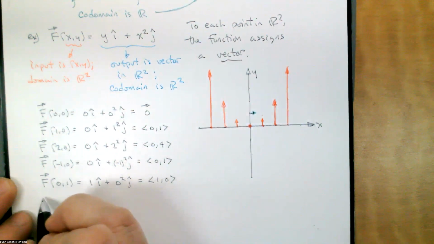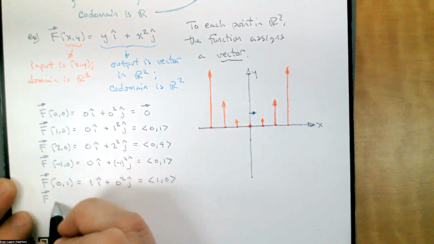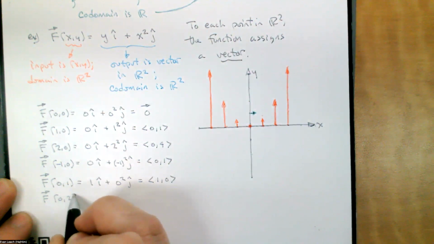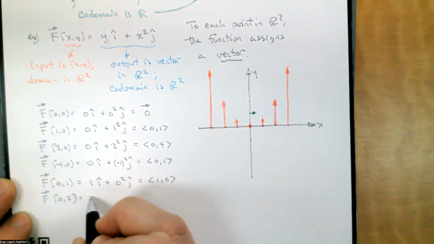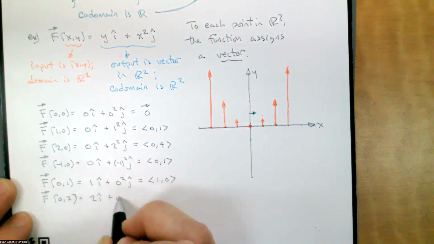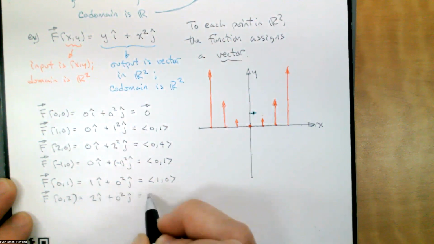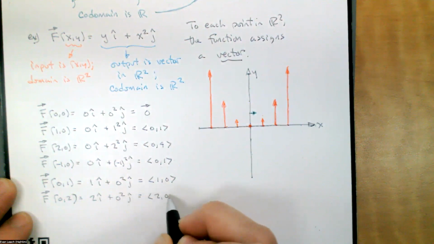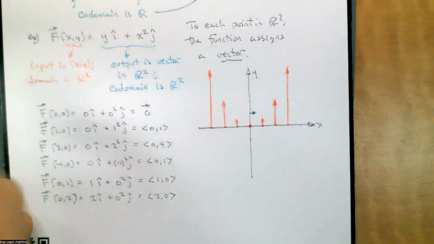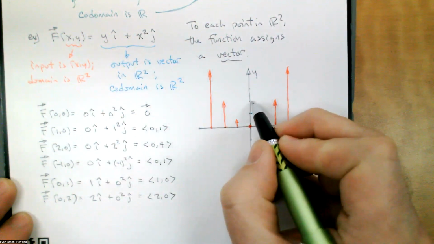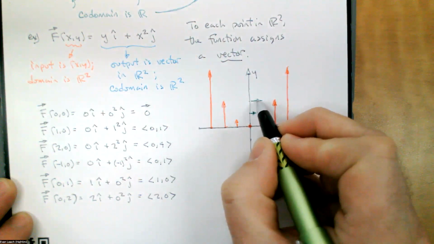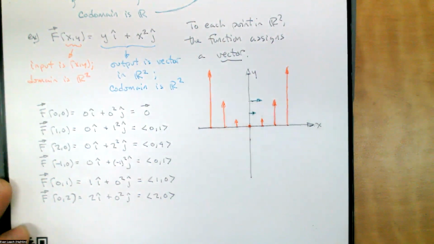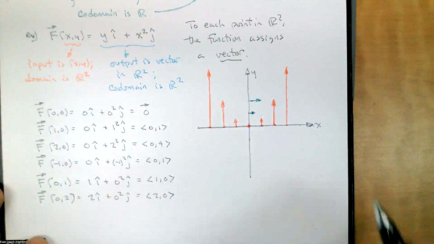At the point 0, 2, I get the vector 2, 0. At the point 0, 3, I get the vector 3, 0.